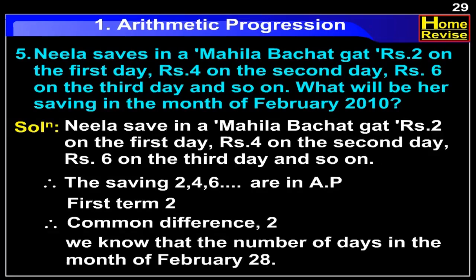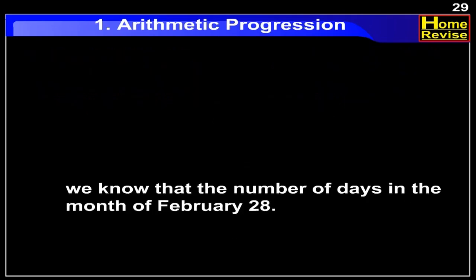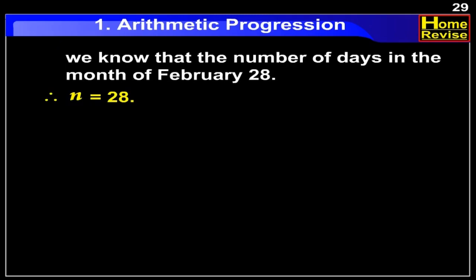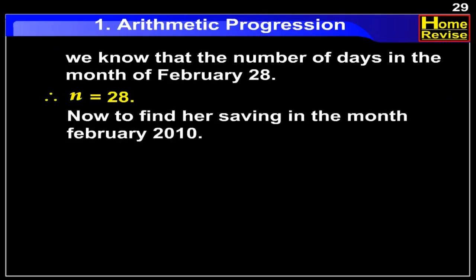Now, we know that the number of days in the month of February is 28. Hence, n is equal to 28. Now, to find her saving in the month of February 2010, we have a is equal to 2, d is equal to 2, and n is equal to 28.